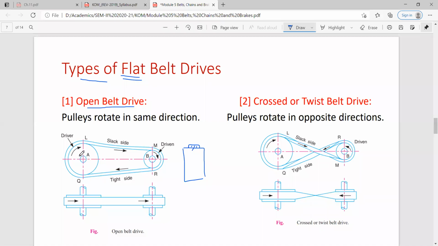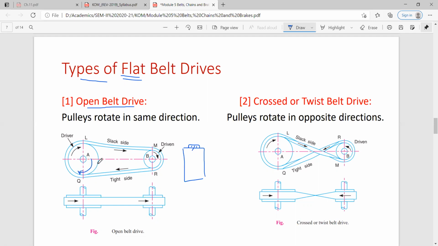At the driving side power is available, and the driven side is where power is transmitted. The application is connected at the driven end, like a motor, pump or compressor, and the power source is available at the driving end, like a generator, turbine, electric motor, etc.